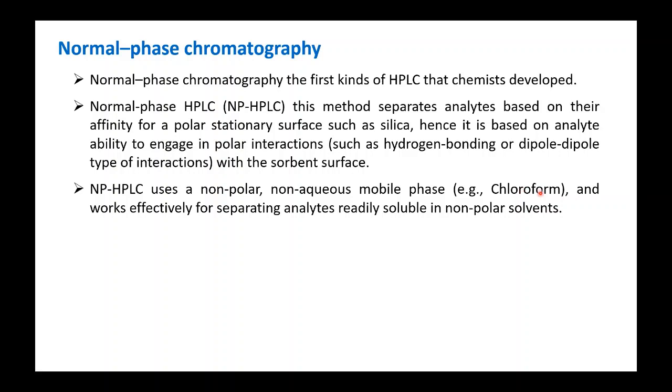It is not non-polar, it is polar aprotic, so it's better to write polar aprotic, non-aqueous mobile phase. Sometimes non-polar solvents are also utilized, and it works efficiently for separating analytes readily soluble in non-polar solvents.